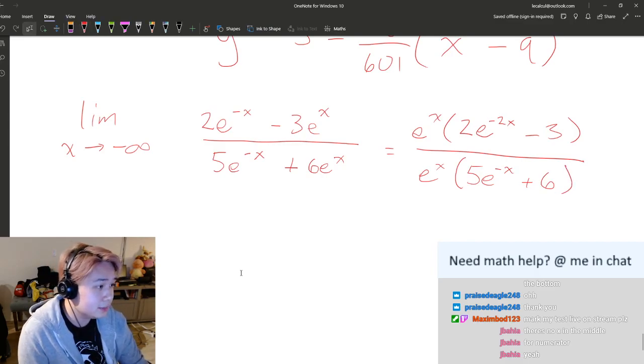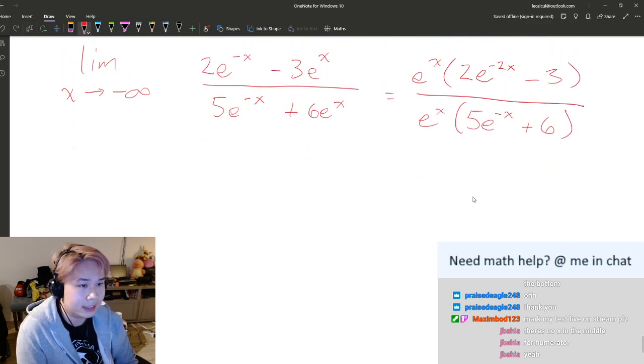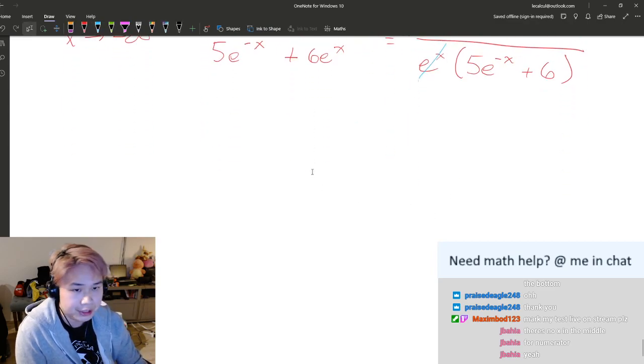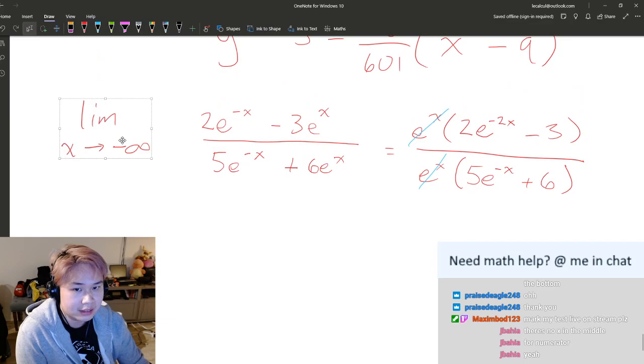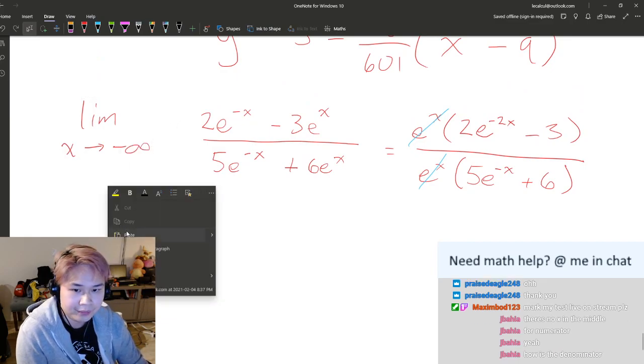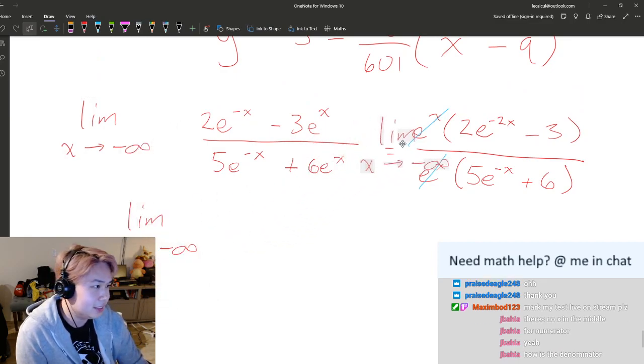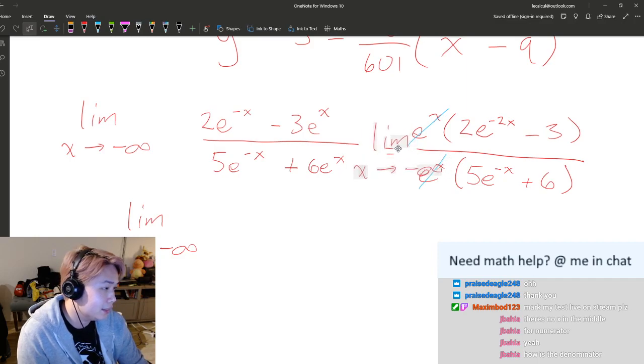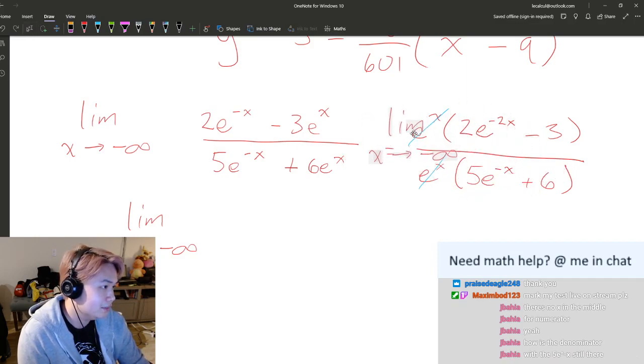Okay, and then it's a very similar concept. Because you have this negative exponent, what that does is it takes the reciprocal of these two. So I'm going to actually literally write that out. But first, let's cancel these. And then what you have is, oh yeah, and then this is bad work, but I'm being lazy. You should technically write a limit in front of every expression.